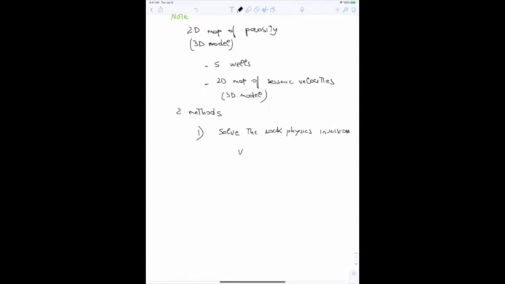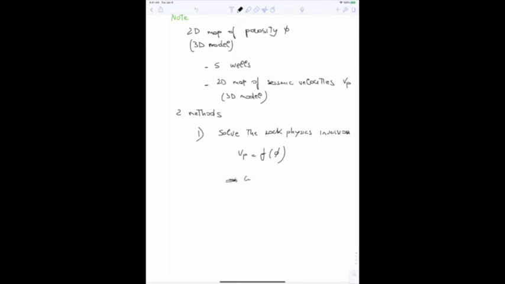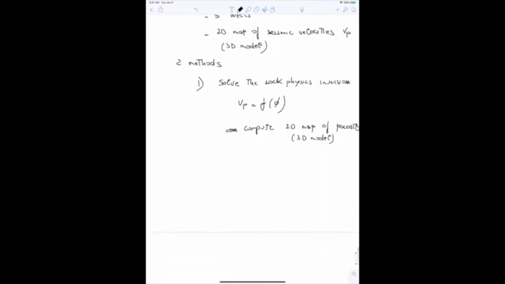So we know that VP is equal to some kind of function of porosity. So you compute a 2D map of porosity, or again, this can be applied in 3D as well, a 3D volume or a 3D model.